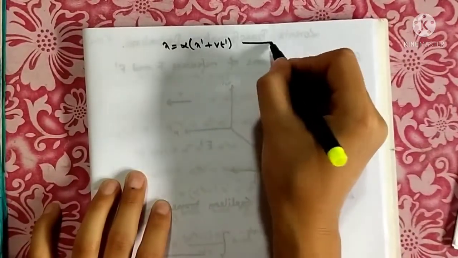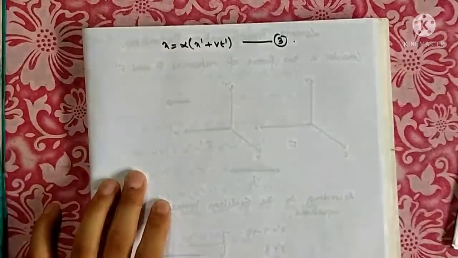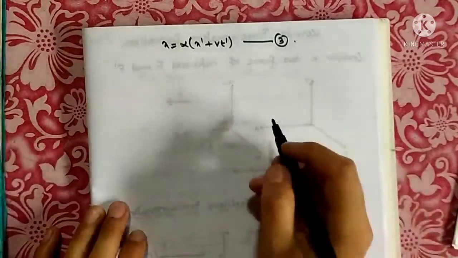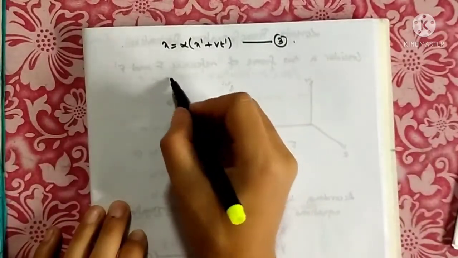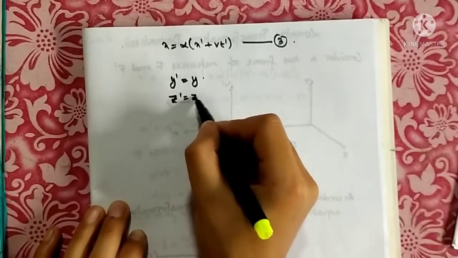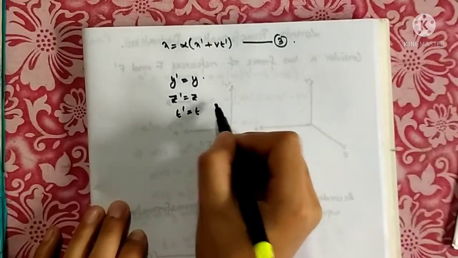Equation number 3. Since the relative motion of F and F prime is confined to only x, we have y prime equals y, z prime equals z, t prime equals t.